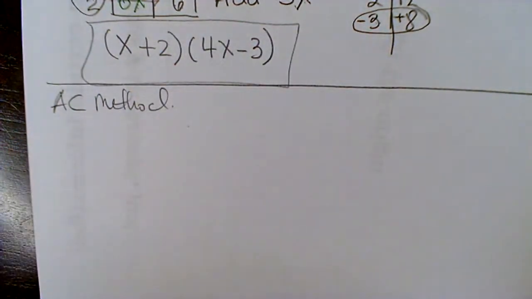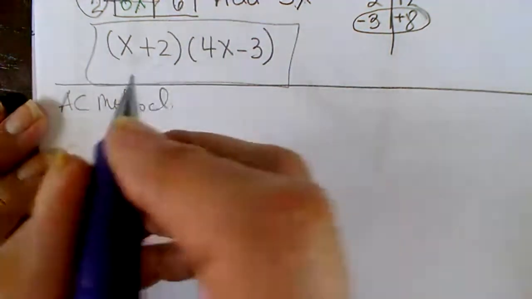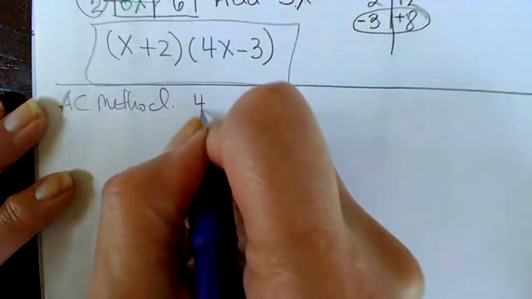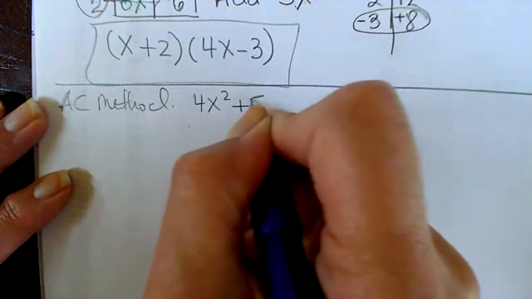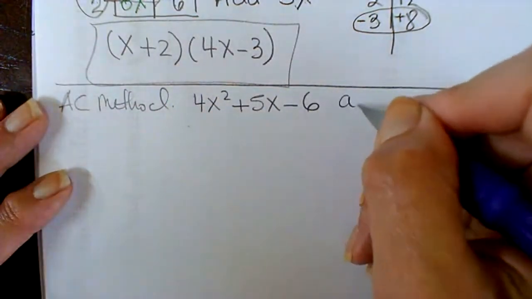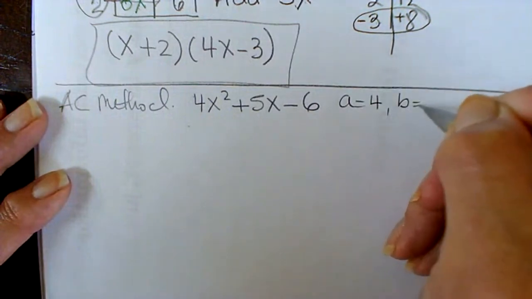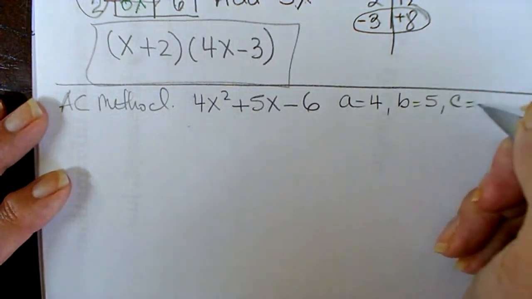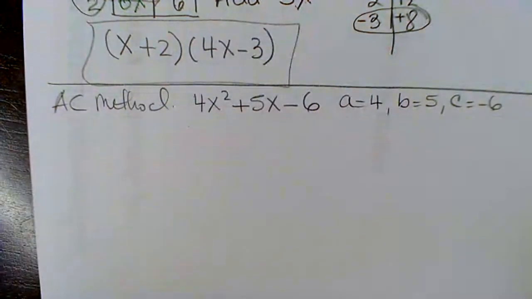Okay, with the AC, we have 4x squared plus 5x minus 6. So A is equal to 4, B is equal to 5, and C is equal to -6.